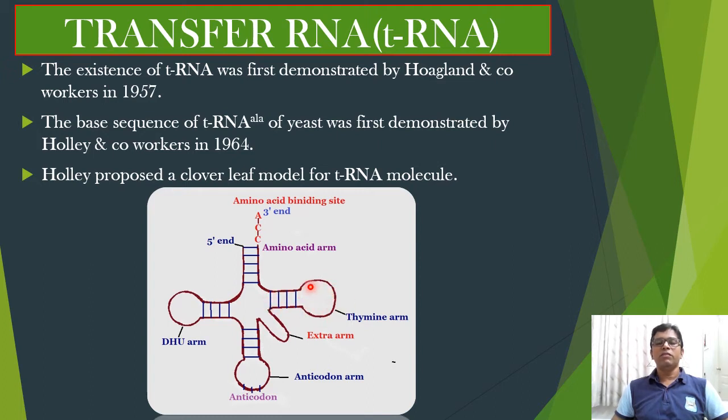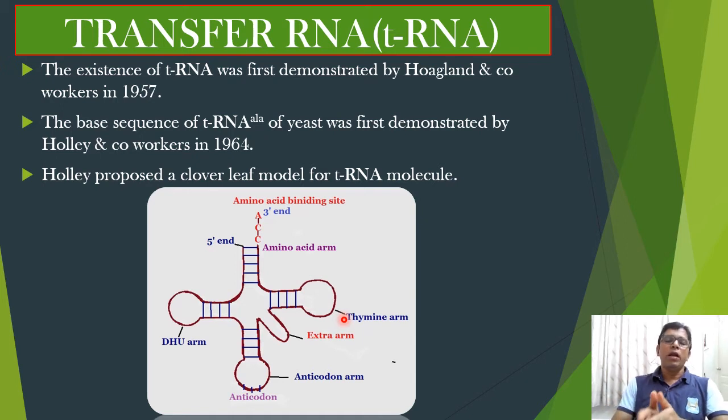In the T-Psi-C loop, 7 unpaired nitrogen bases are present. This arm is involved in bringing the tRNA molecule to the ribosomes, where protein synthesis takes place.